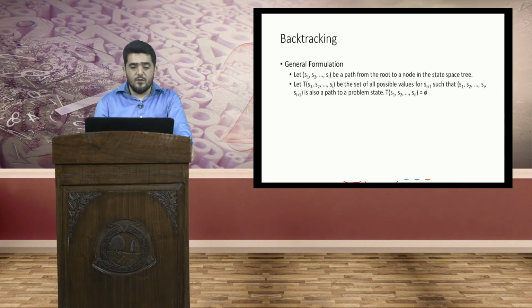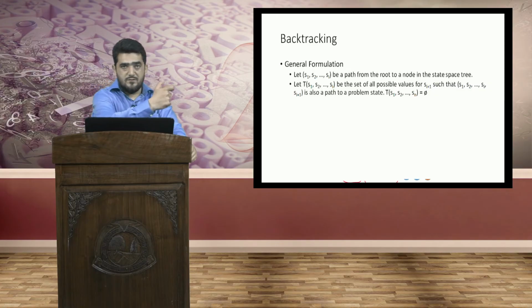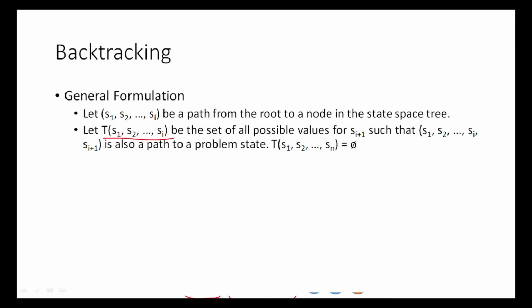Now, let T of this partial vector be as stated here. Let this represent the set of all possible values for Si plus 1. So, if we consider Si to be the choice for step number i, then Si plus 1 is the choice for step i plus 1.